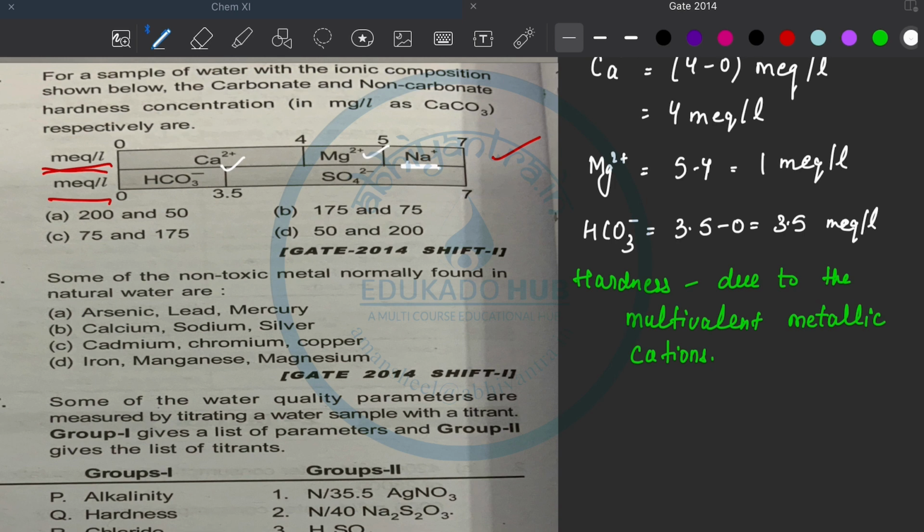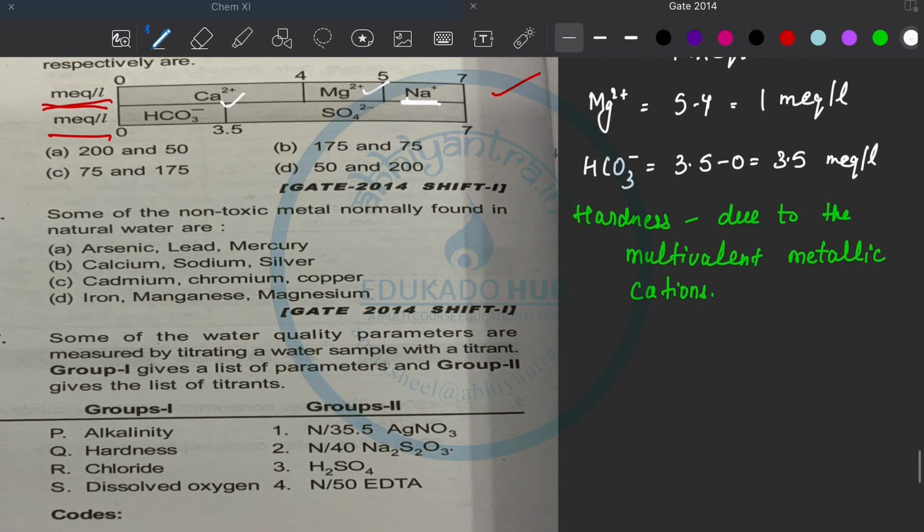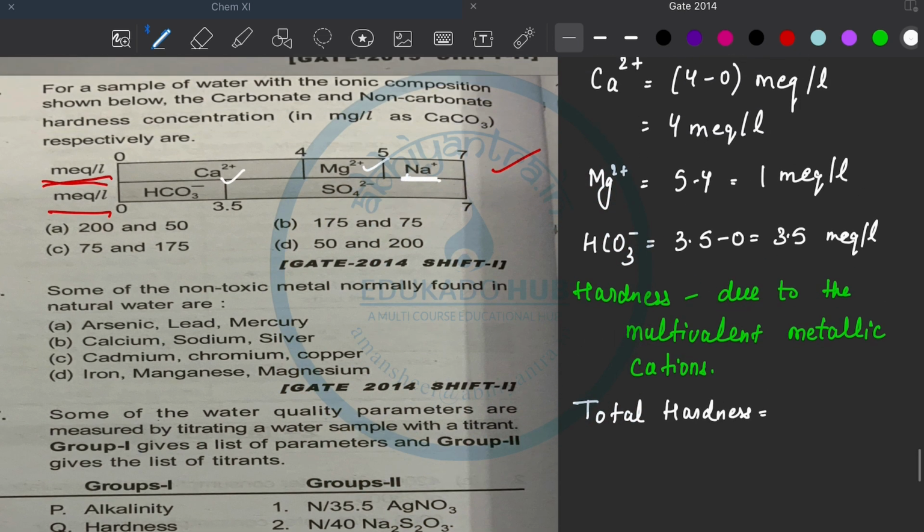So the total hardness is equal to the concentration of Ca ion, which is 4 milli equivalent per liter. One thing we should also remember, that hardness is always given as CaCO3.